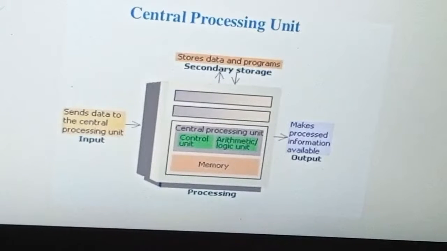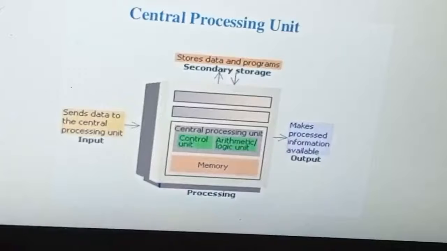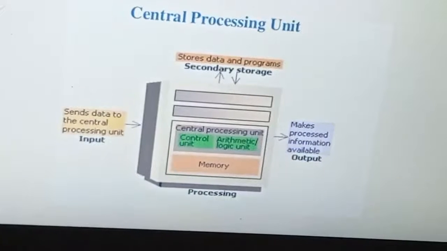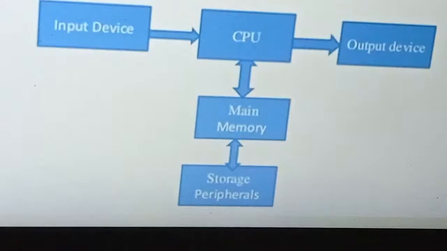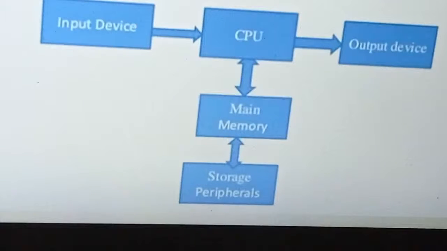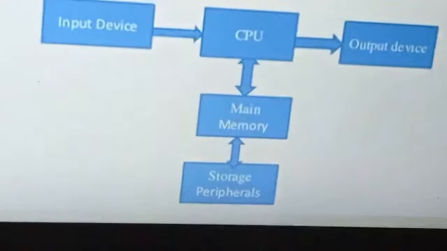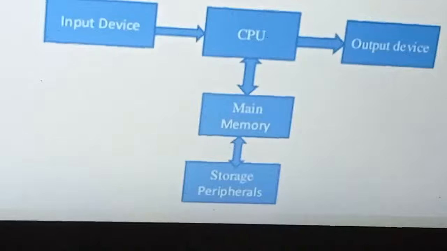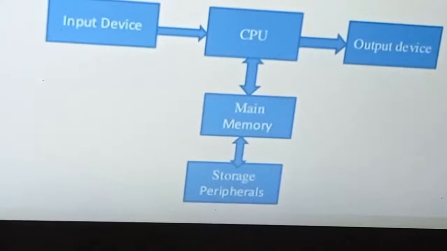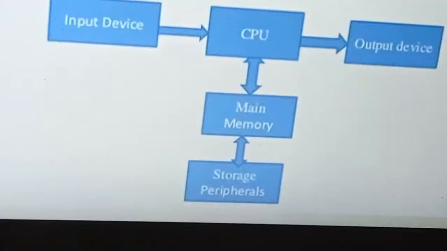This is about the block diagram of a computer. Input devices, CPU, output devices, memory devices. What are all the input devices?